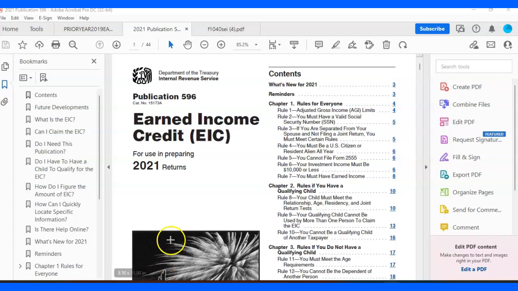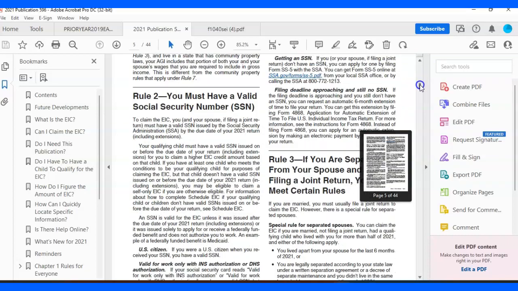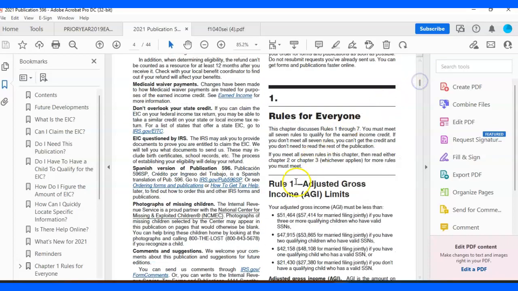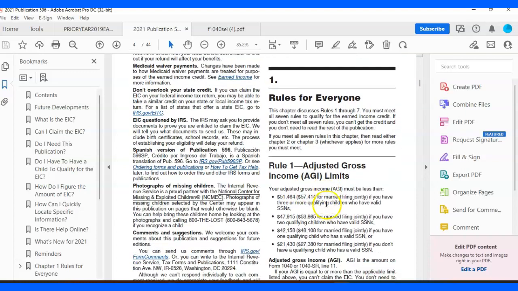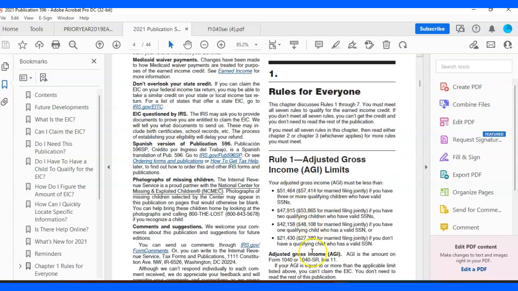I'm going to scroll down to the first rule. The first rule deals with the adjusted gross income limit. So this gives you a chart, if you will, and a breakdown of the limit that you can fall under based on having one kid, two kids, or three kids.